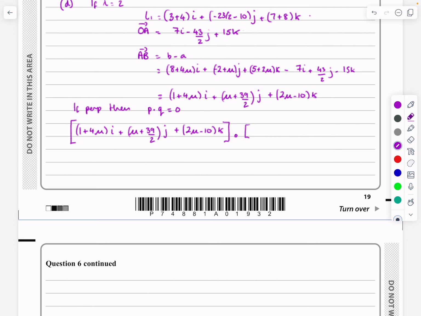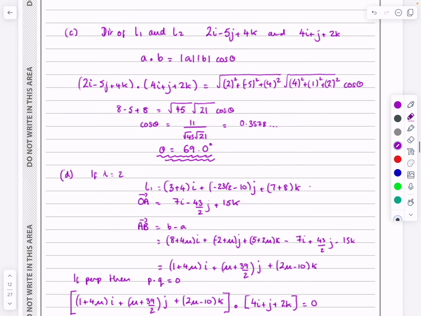So dotted with 4i plus j plus 2k equals 0, and then just multiply all of this out, so you get 4 plus 16 mu plus 39 over 2 plus 4 mu minus 20 works out to be equal to 0. That will then give me what mu works out to be. So mu works out to be equal to minus 1 over 6.